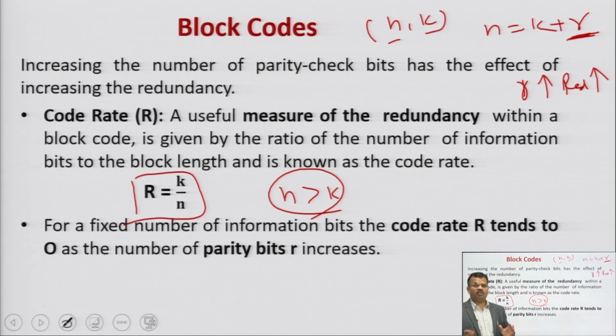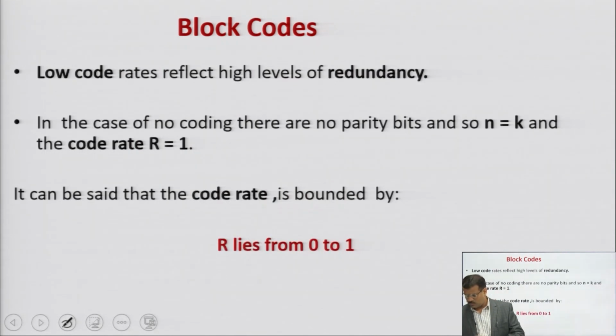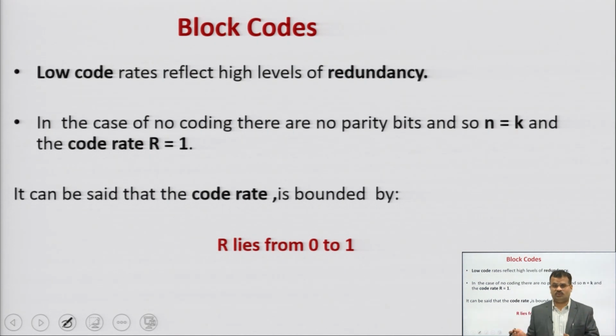For a fixed number of information bits, the code rate r tends to 0 as the number of parity bits is increased. As n keeps increasing relative to k, the value of r keeps decreasing. It is simple: the lower the code rate, the more redundancy, the more parity check bits, and the lower the value of r.